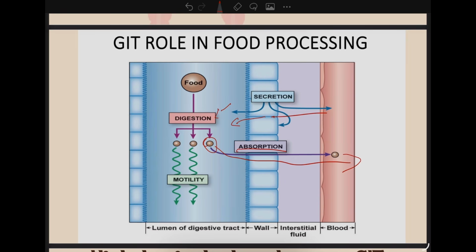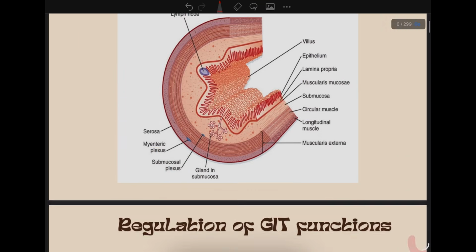And also endocrine secretion, which means it's secreted from the cells directly into the bloodstream, like hormones. We'll be talking about that too. Motility is the movement of food from up to down in the GI tract. When you eat something, it goes from up to down, right? This movement of food is called motility. We will discuss it later.